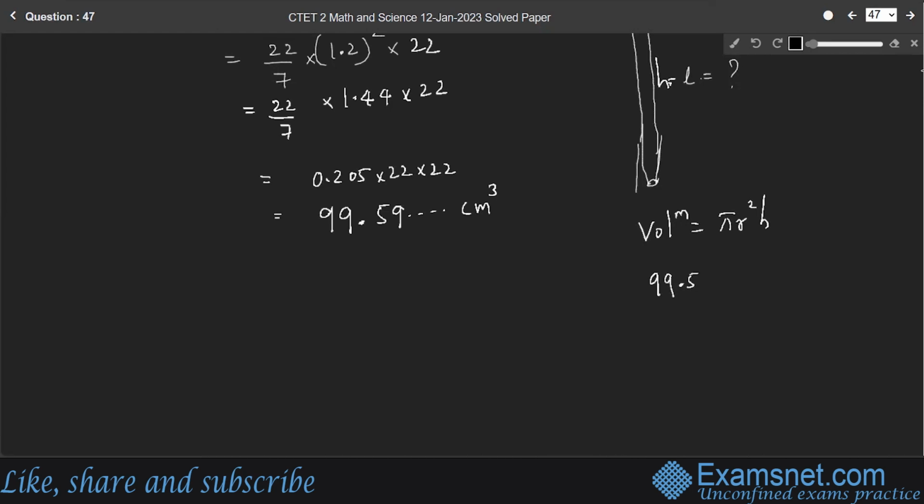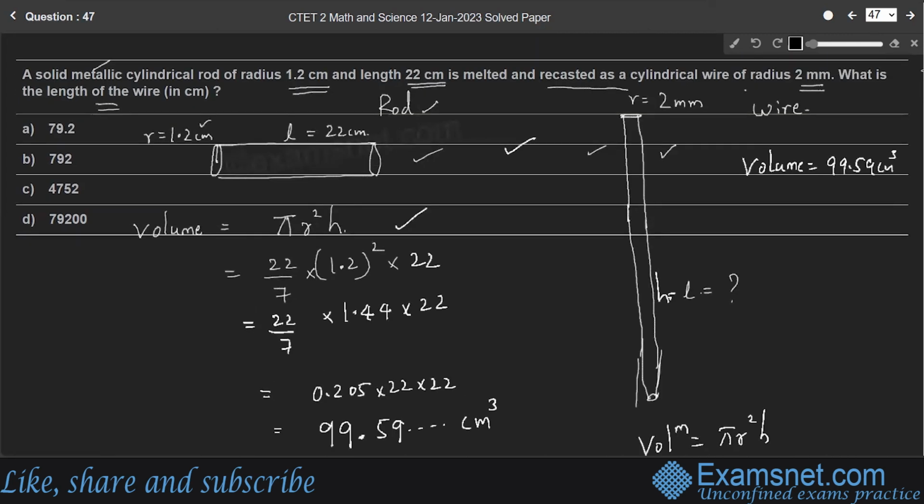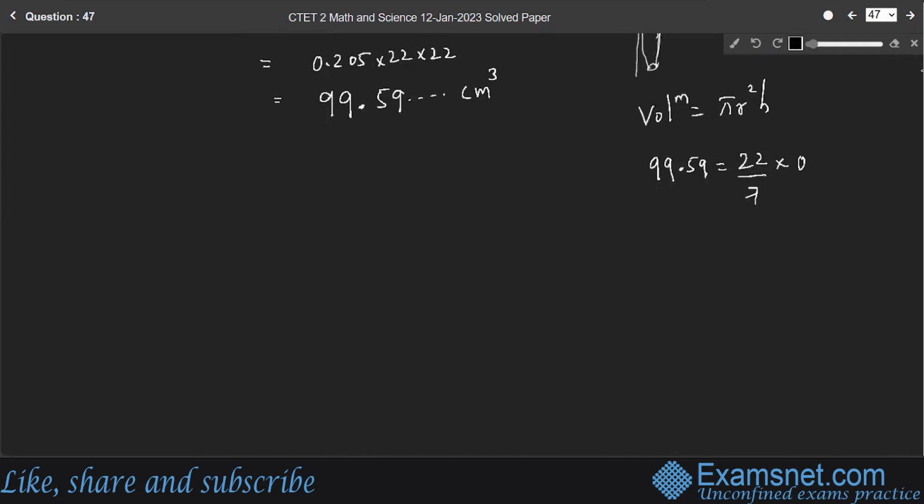Here volume is same, 99.59 is equal to, so pi is 22 by 7. So radius of the wire is 2 mm. So 2 mm is nothing but 0.2 centimeter, right? 2 by 10 centimeter. So 0.2 centimeter square into, so length of the wire. Instead of height, we are taking length, right?